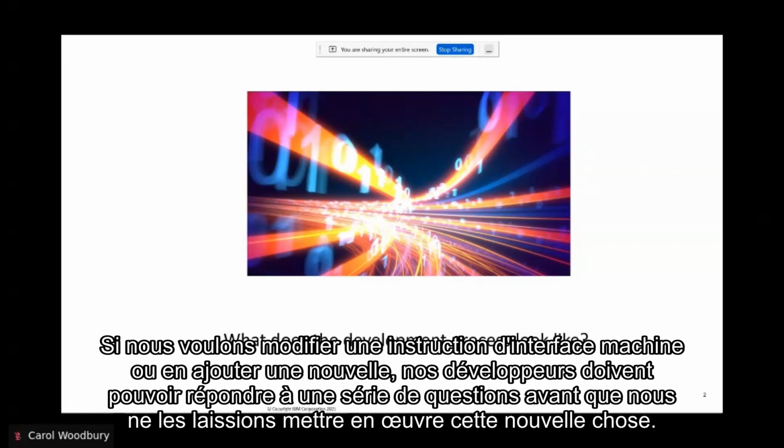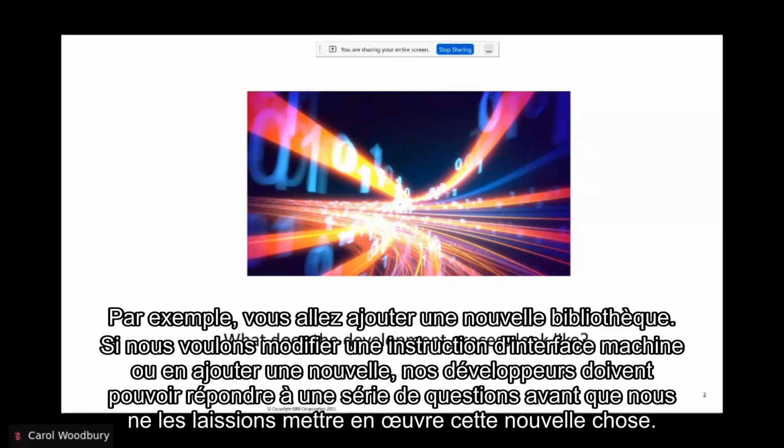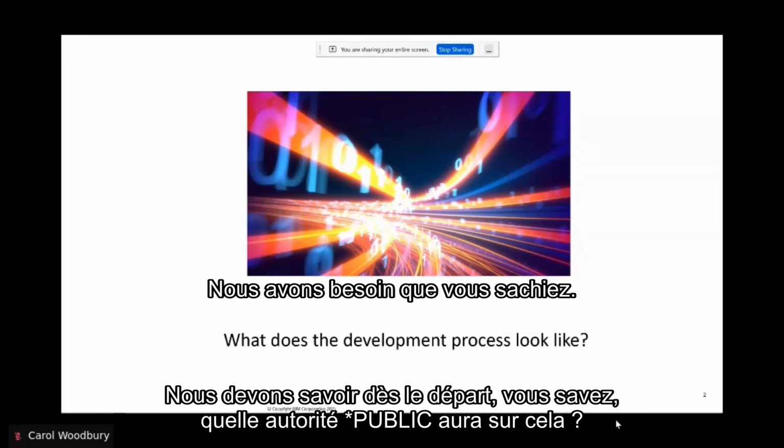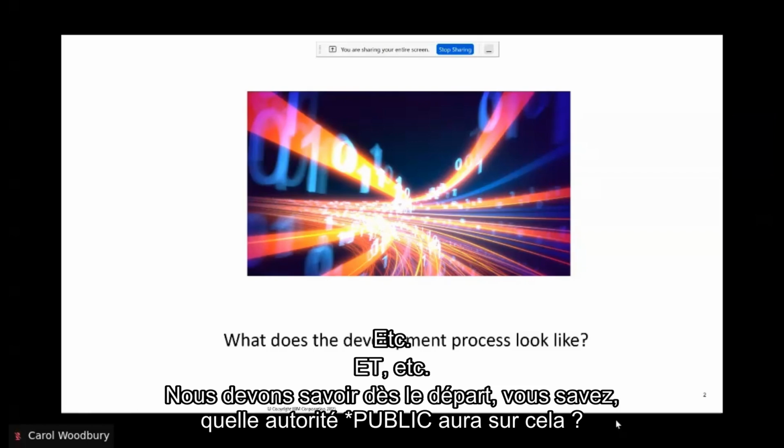For example, you're going to add a new library. We need to know at the beginning what authority *PUBLIC is going to have to that, et cetera, et cetera. Okay, so all these things that were historically there because of the architecture are still there.